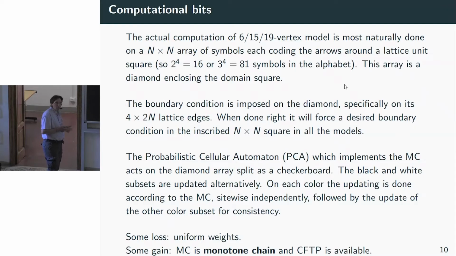So they have to have the same weights in order for you not to violate it immediately. On the other hand, there's some gain. It's easy to show that this is actually a so-called monotone chain, which means that it's compatible with the partial order that was defined. And then this technique, which some of you might have seen, coupling from the past, for exact simulation is available.